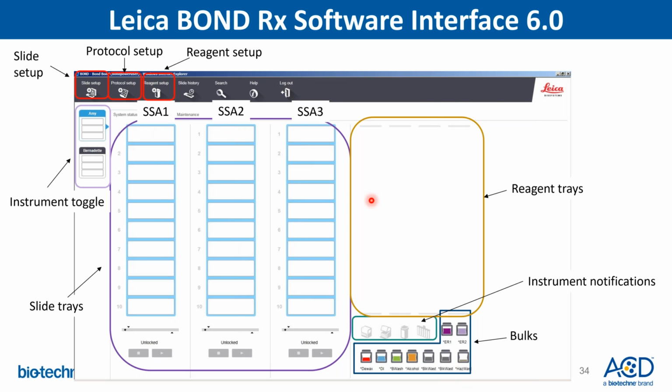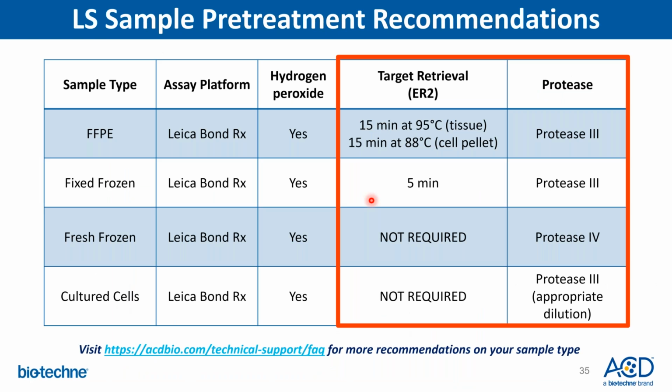Okay. And then we'll now look at some of the sample pretreatment guidelines for the Leica Bond RX platform. So for FFPE samples on Leica Bond, we recommend doing 15 minutes at 95 degrees Celsius with ER2 buffer for tissues and 15 minutes at 88 degrees for cell pellets. And the protease will be protease 3.